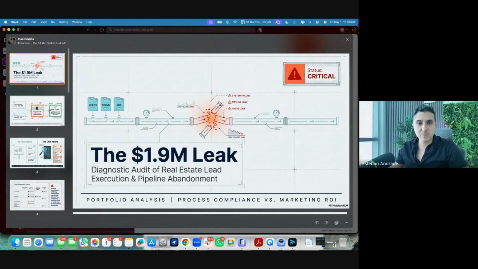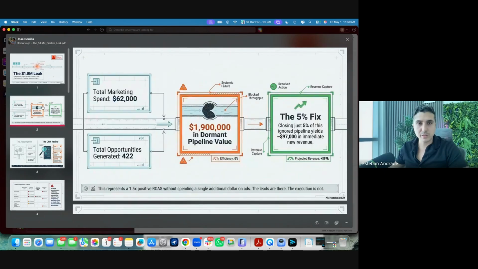Why? What is it that is happening? Between those 7 accounts, there's been a total marketing spend of about $62,000, total opportunities of 422, and about 1.9 million of dormant pipeline value, right?